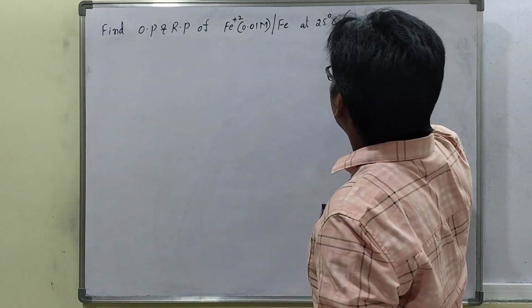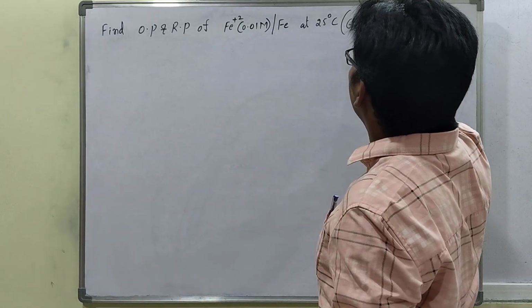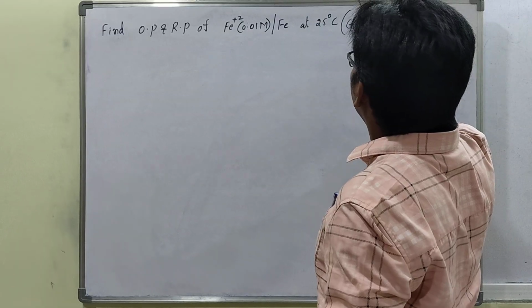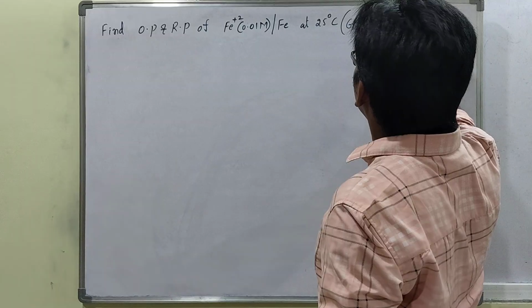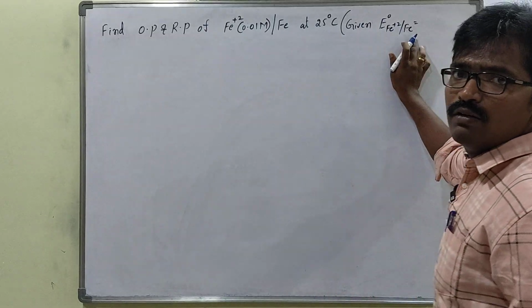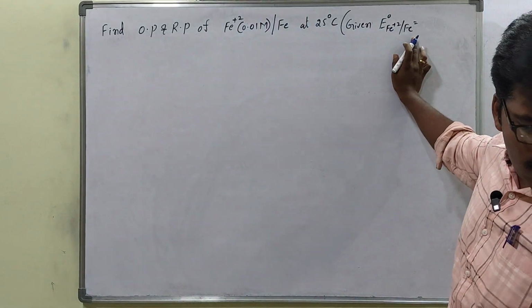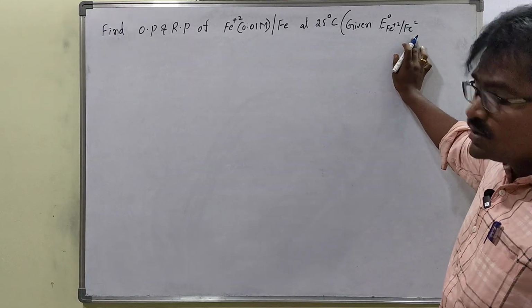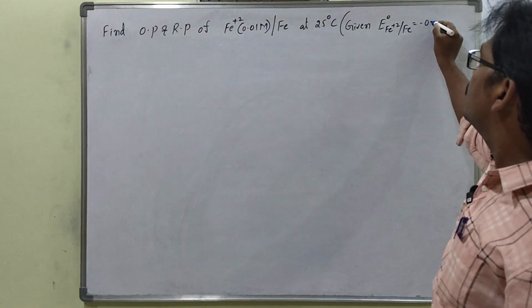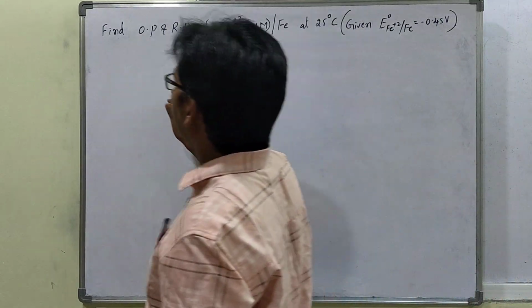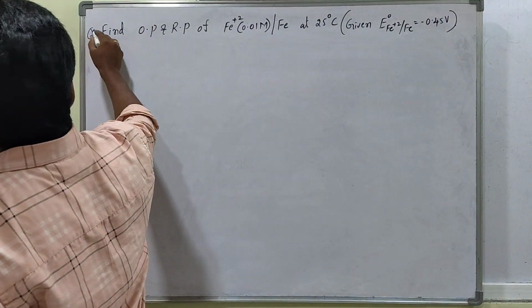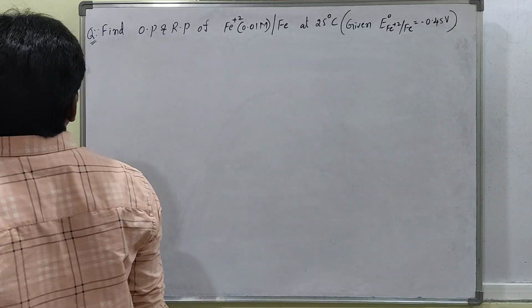Then they are given the data: E naught of Fe plus 2 to Fe, ion to metal. When it is ion to metal, we call it a reduction potential value, right? So that is given as minus 0.45 volt. So this is the question, and based on the Nernst equation, we have to find it.